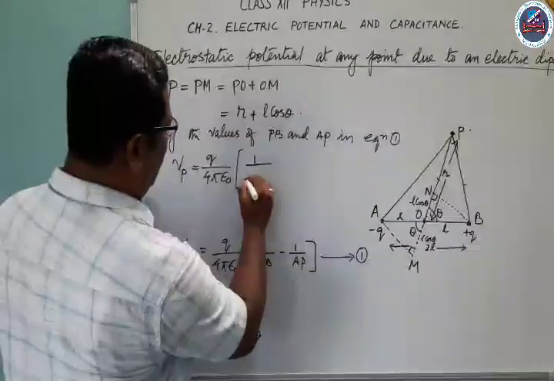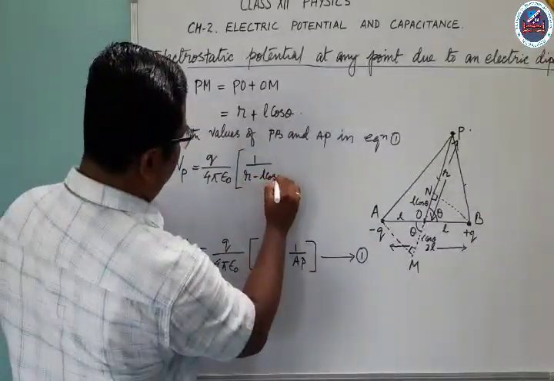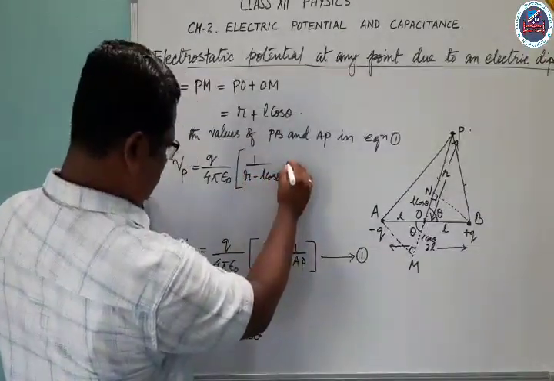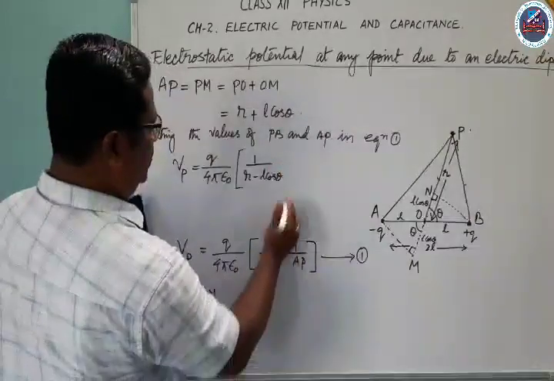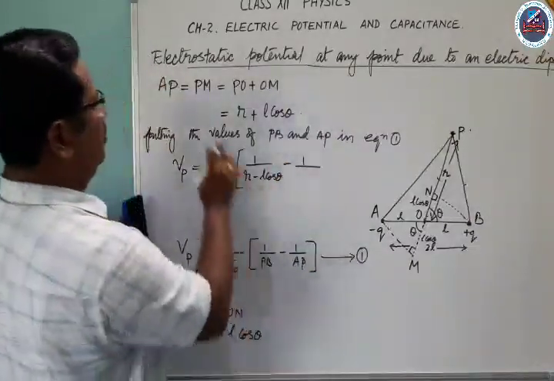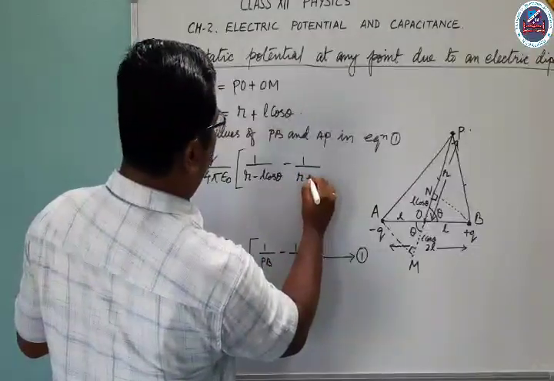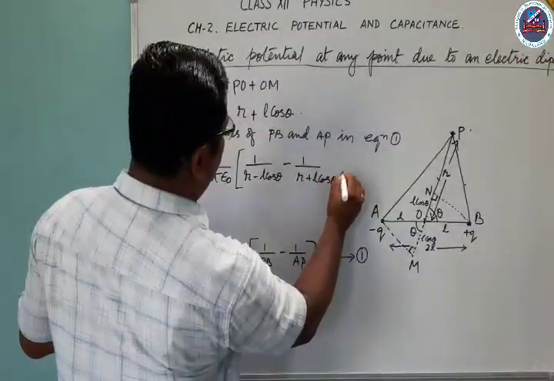PB is R minus L cos theta, minus 1 by AP. AP is R plus L cos theta.